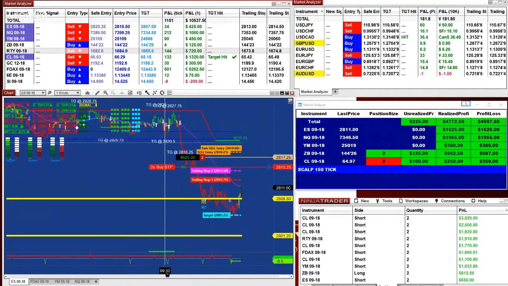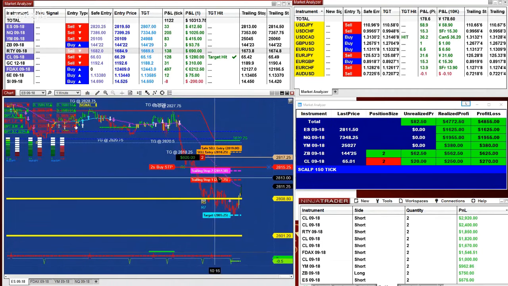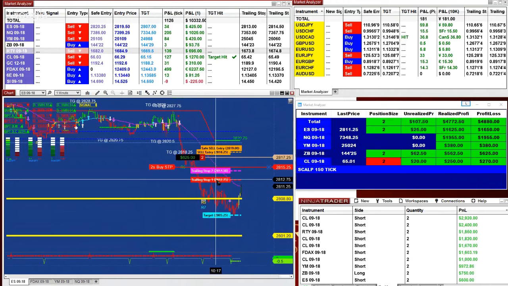So this is very important for the trader to understand what's going on in the market, whether you are auto trading or you are manual trading. So now keep your eye on those areas here. The first defense line we have is 2812.